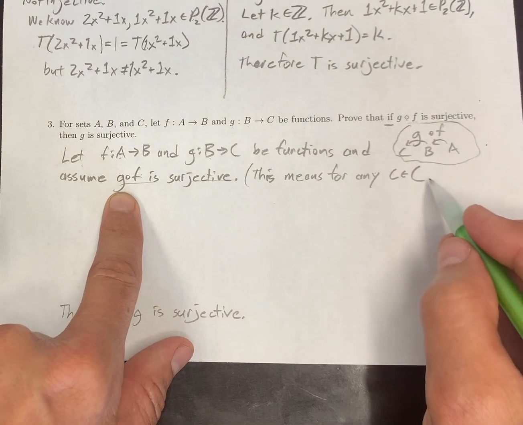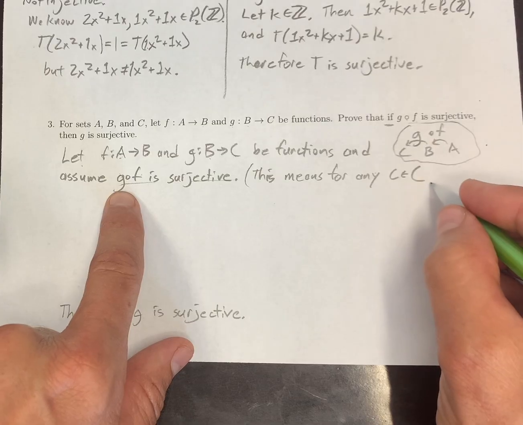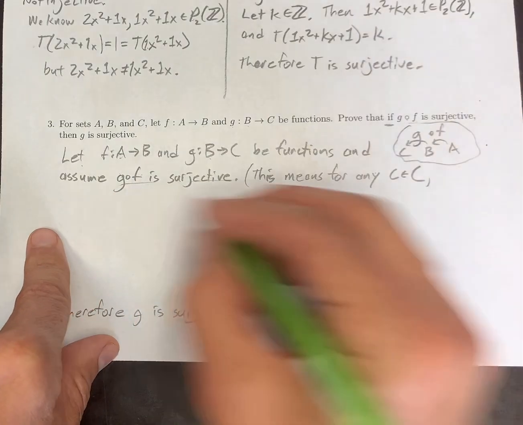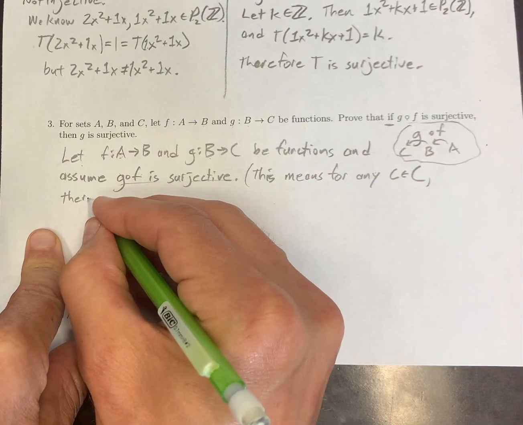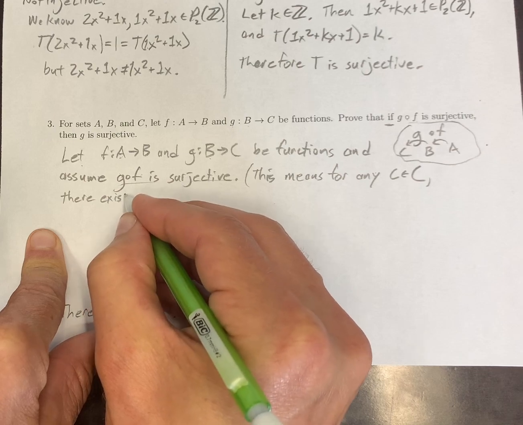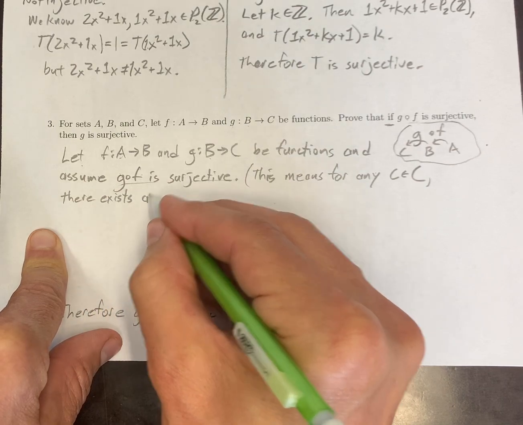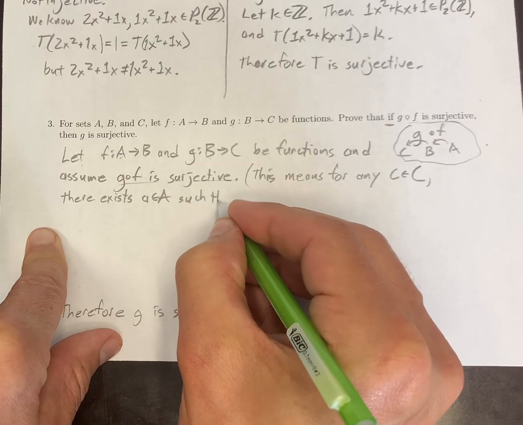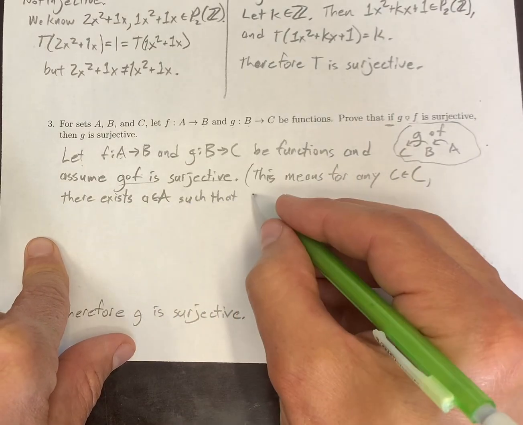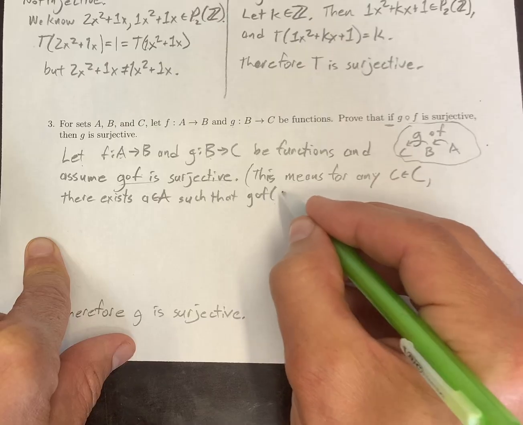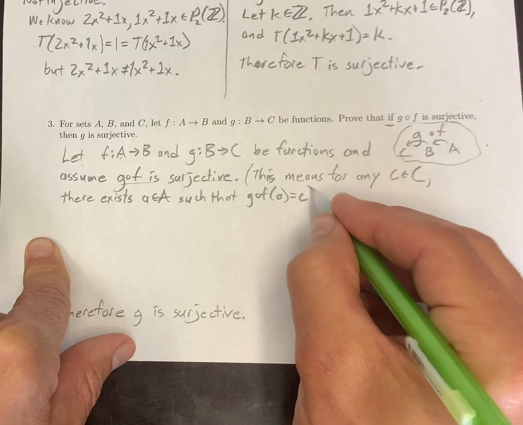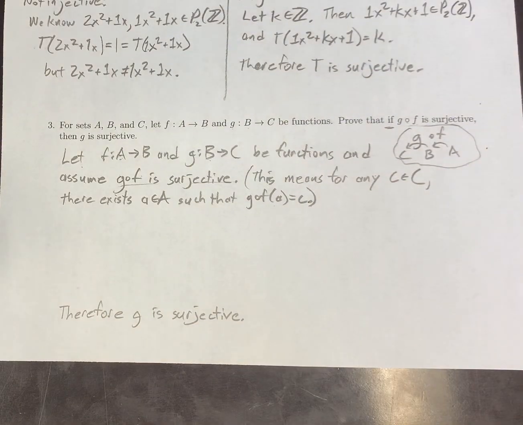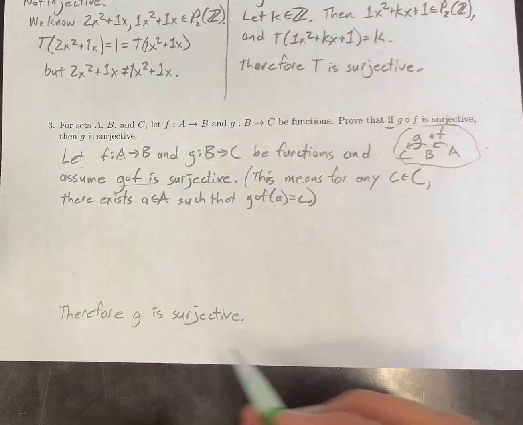For any C in the codomain, being surjective means there exists A in the domain such that G of F of A equals C. We're almost certainly going to have to use that fact at some point. That's what we have, okay?